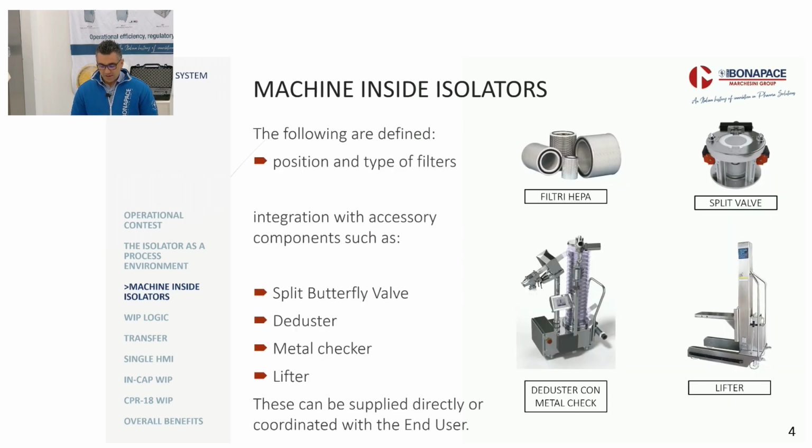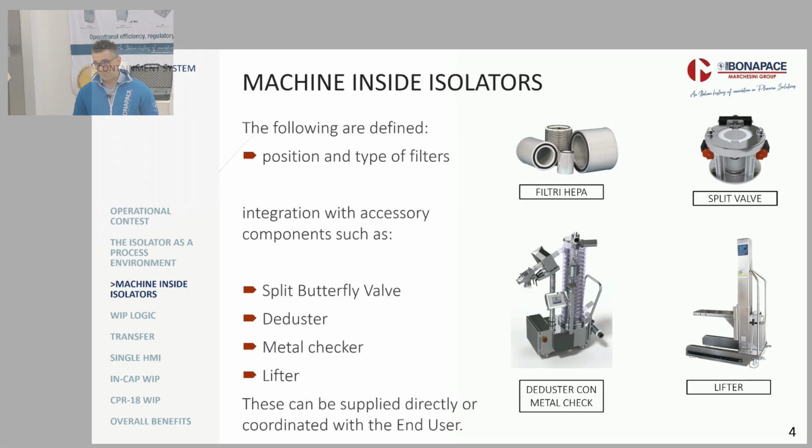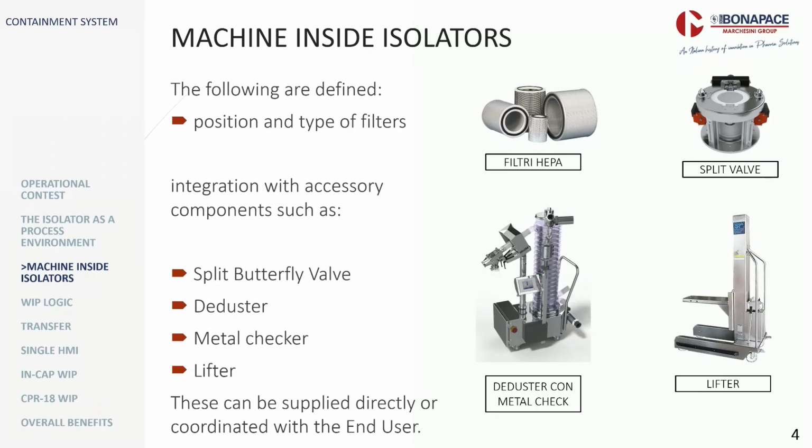The system integrates the H14 HEPA filter, split butterfly valve for loading the powder, and the deduster with the integrated metal detector and the control lifting system. All subsystems are coordinated to maintain the required containment level and make the validation easier.